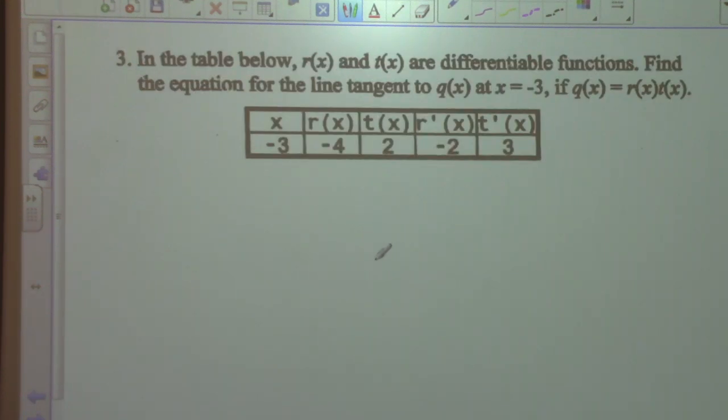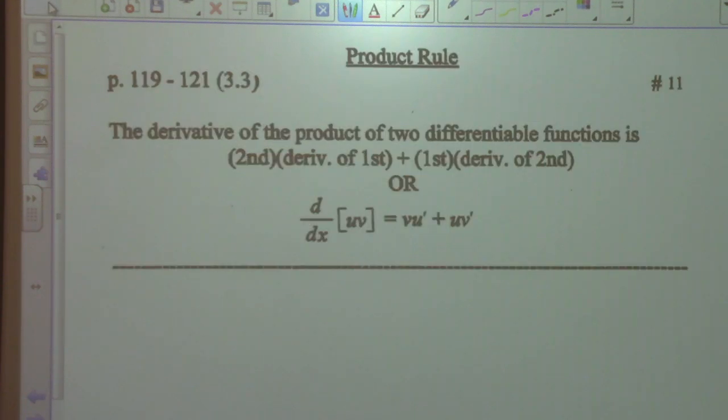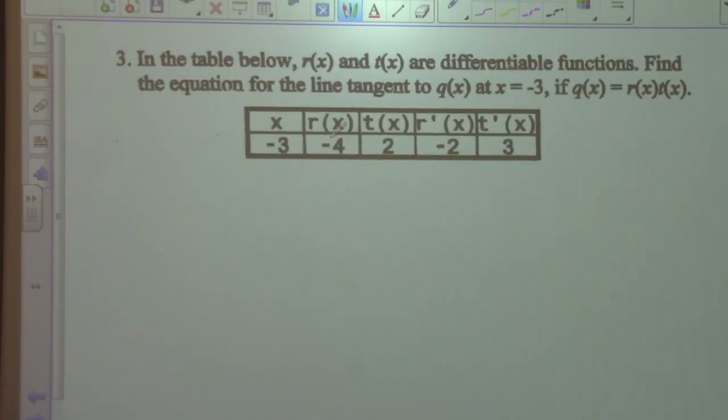So right now in this question, number 3, you have the table below, r of x and t of x are differentiable functions. Find the equation for the line tangent to q of x at x equals -3 if q of x equals r of x times t of x. So here you're given the clue of what?